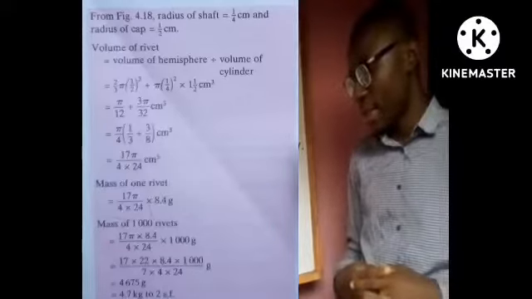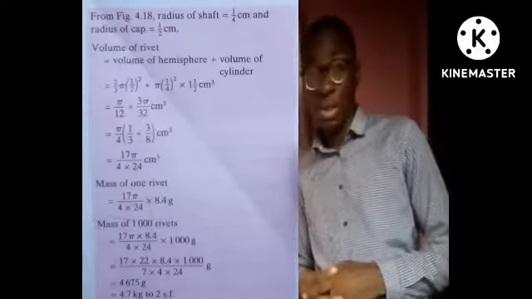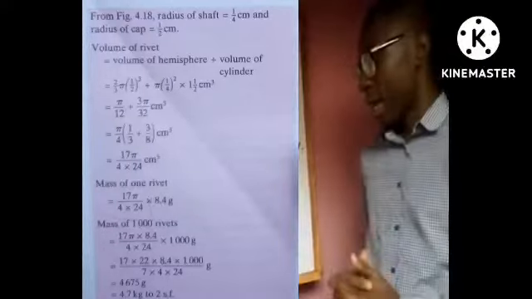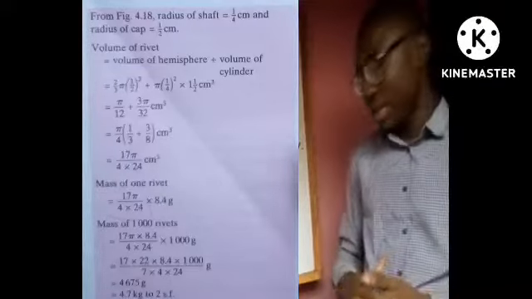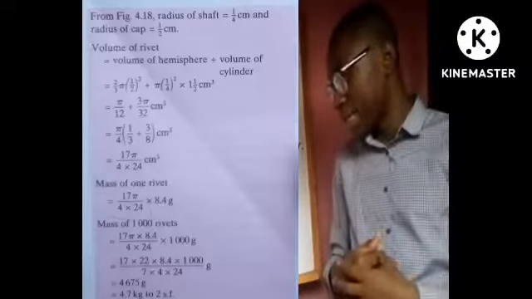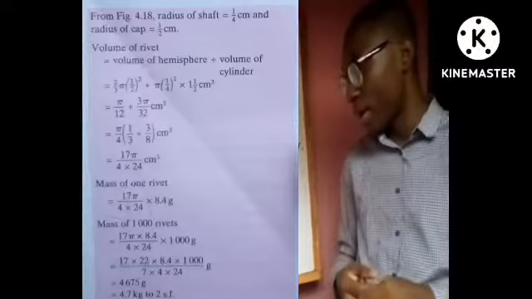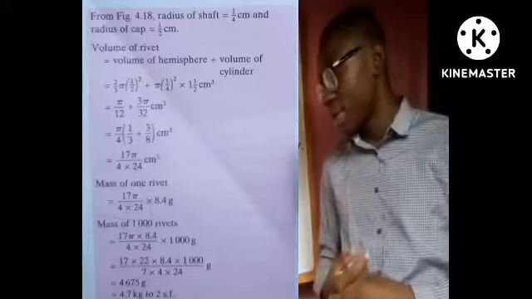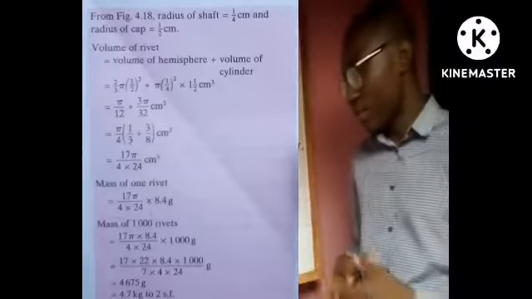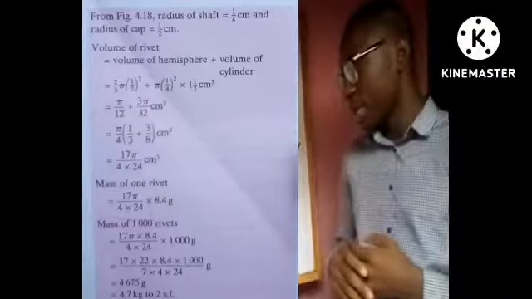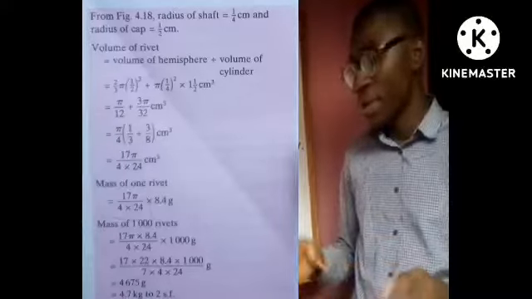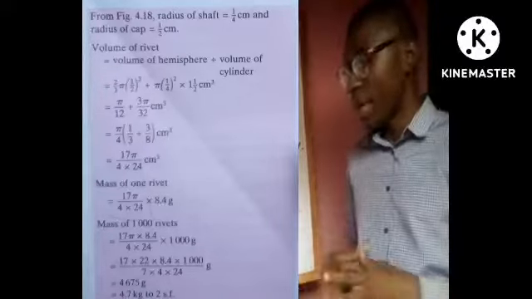The radius of the cylinder will be equal to 1 over 4 because the diameter is 1 over 2. Then pi r squared times the height. The height is 1.5. When we evaluate everything, we get this expression: 17 pi over 4 times 24 centimeters cubed. And then the mass of one rivet will be equal to 17 pi over 4 times 24, multiplied by 2.4 grams.